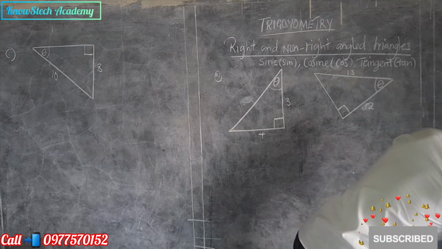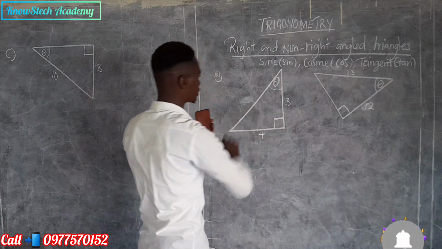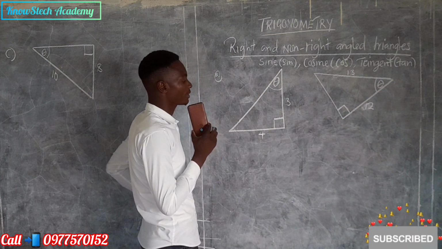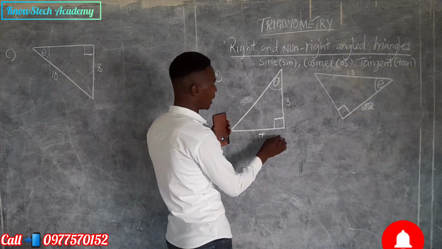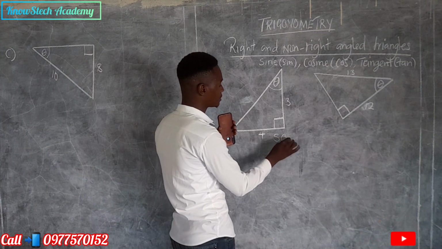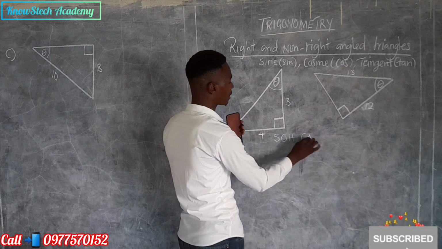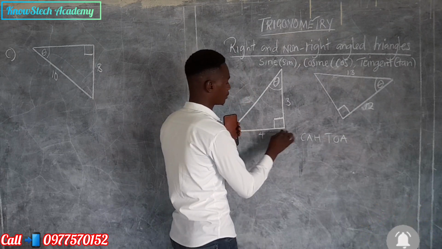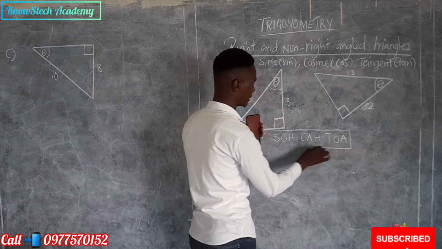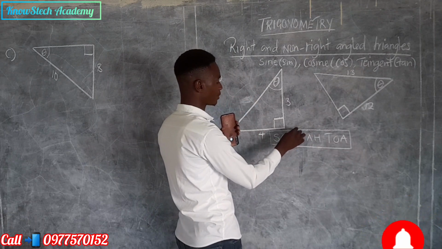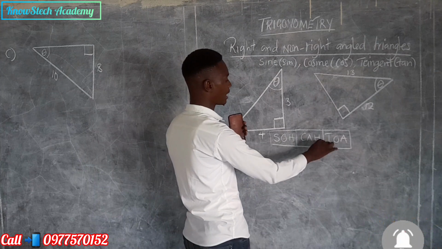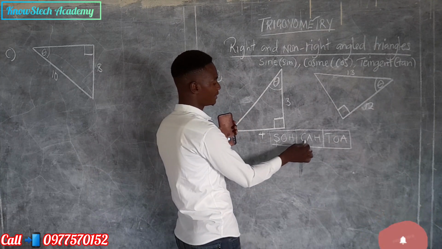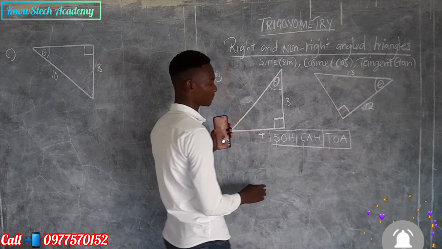Now, how do you find trigonometric ratios? There is what we call SOH CAH TOA. We're going to use this one here. This is for sine, this is cosine, this is tangent.